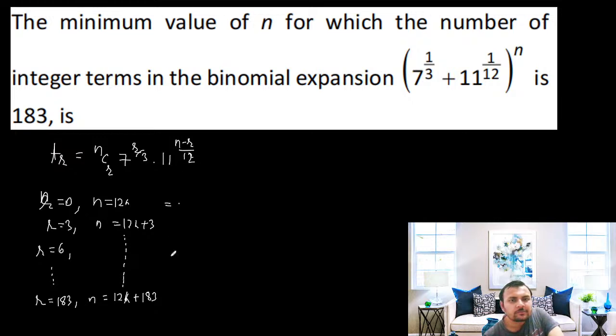Okay, this should be a multiple of 183. Do we have any option? We have to make it a multiple of lambda. Okay.